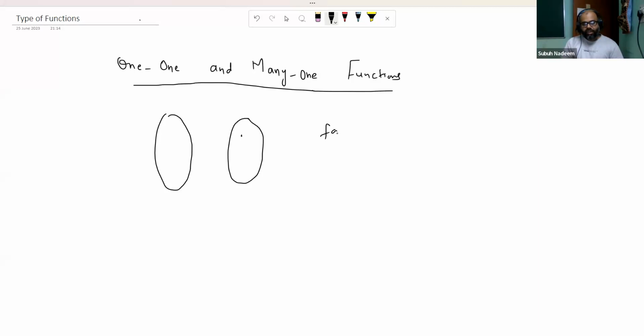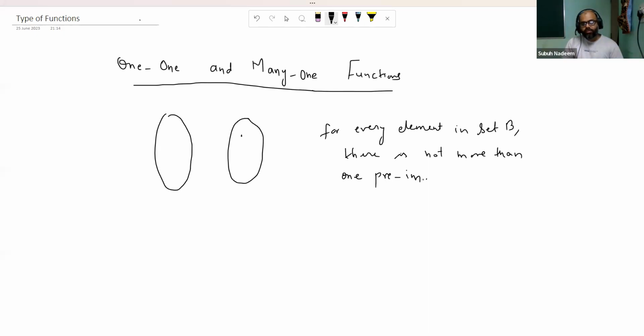That is, we write it like this: for every image or element in set B, there is not more than one pre-image in set A. So this is set B, there is image, and in set A, there are pre-images.